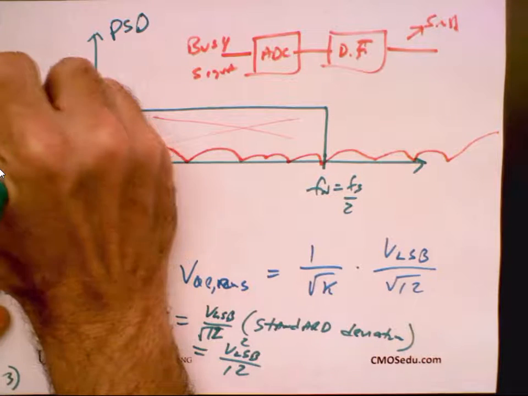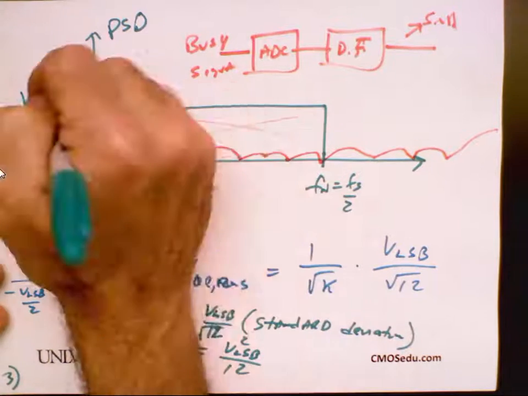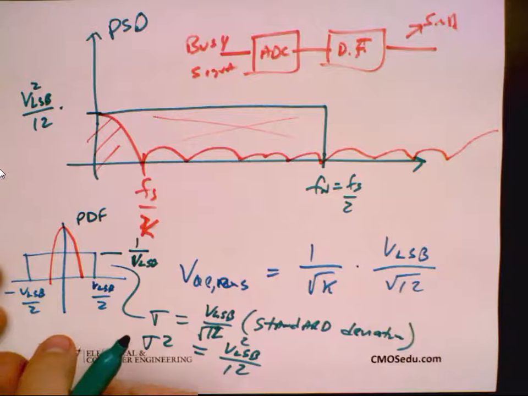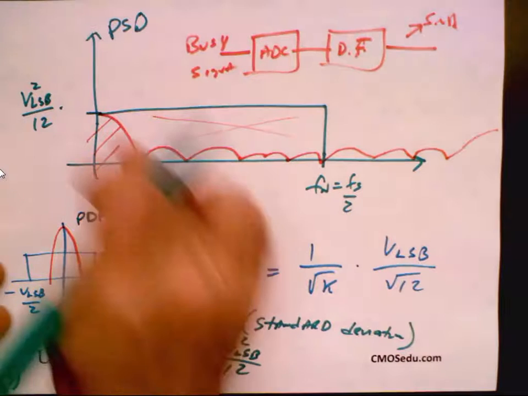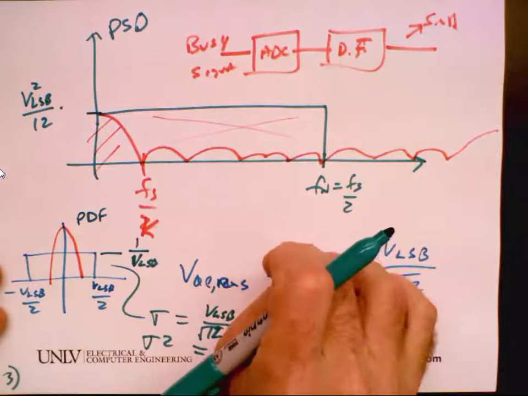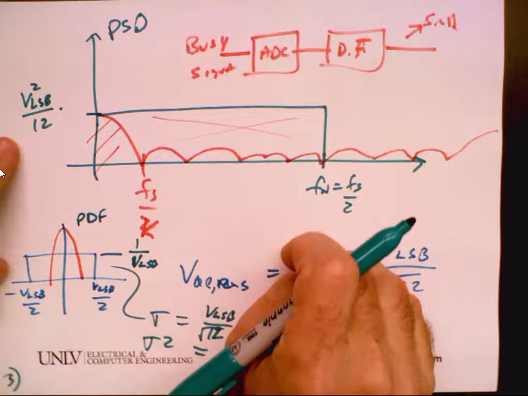VLSB squared over 12. No, there's no K. I'm just asking without averaging. Okay, what does this have to average to if I integrate it, the power in this spectrum? No, it's a spectrum.